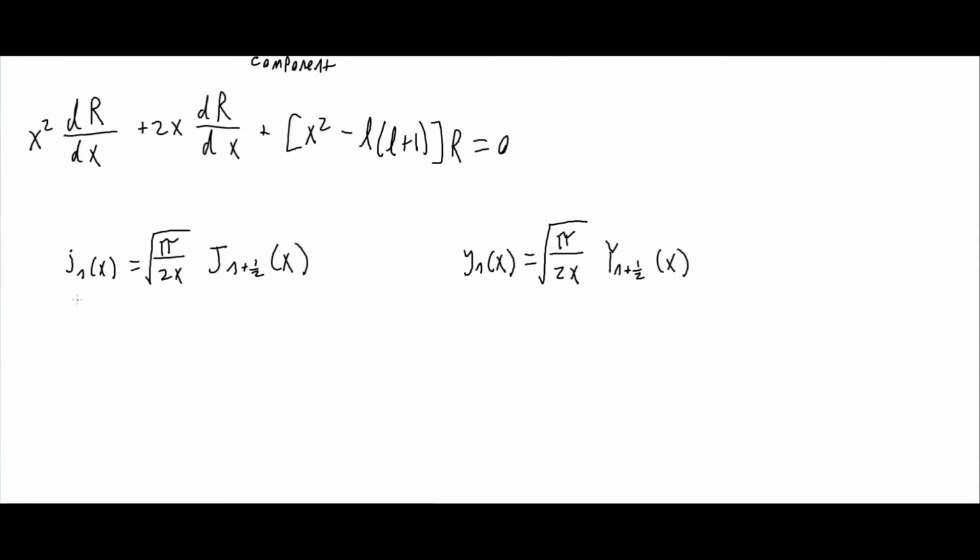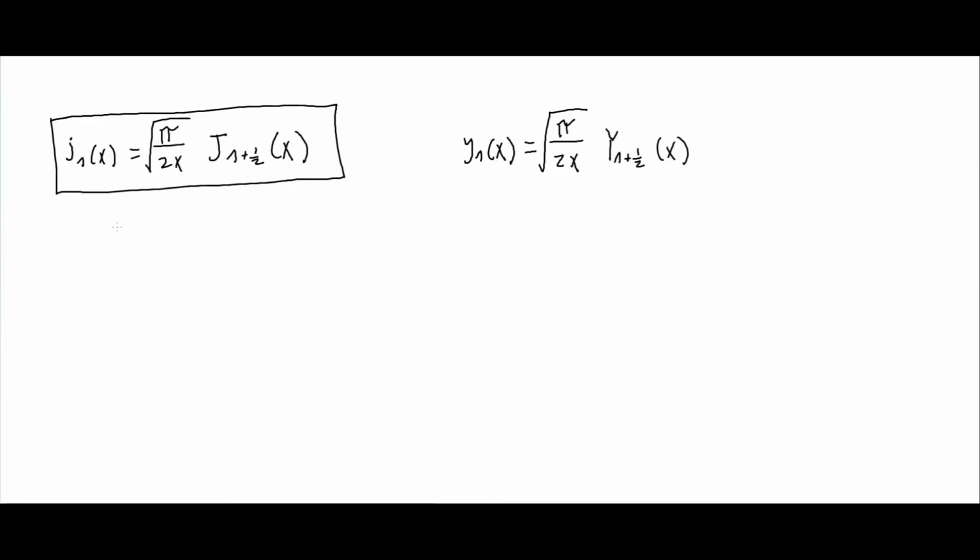So we'll be focusing mostly on this one right here. And this is what is called the spherical Bessel function. And so we see that that is in terms of a half integer Bessel function.